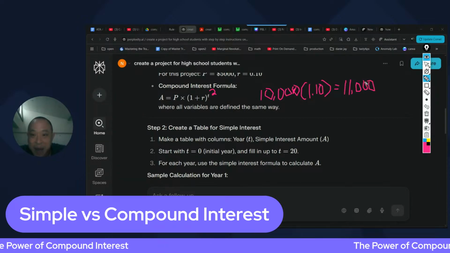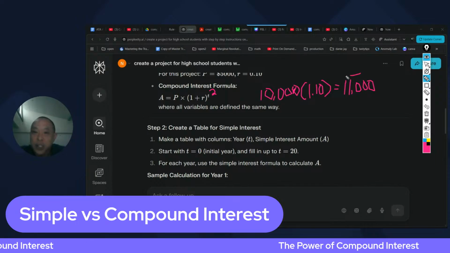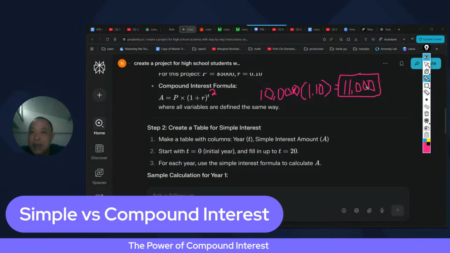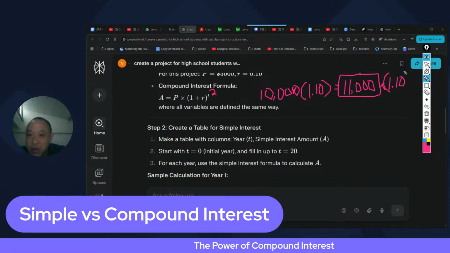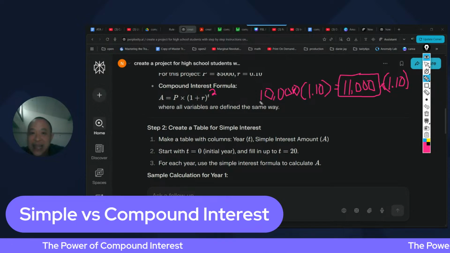But now, because your principal is bigger, you have 11,000, and now you're earning 10% on that, another 1.10. You multiply 10% of 11,000, not 10,000.